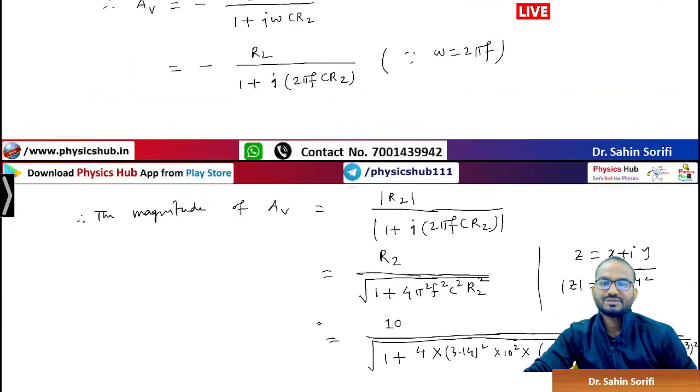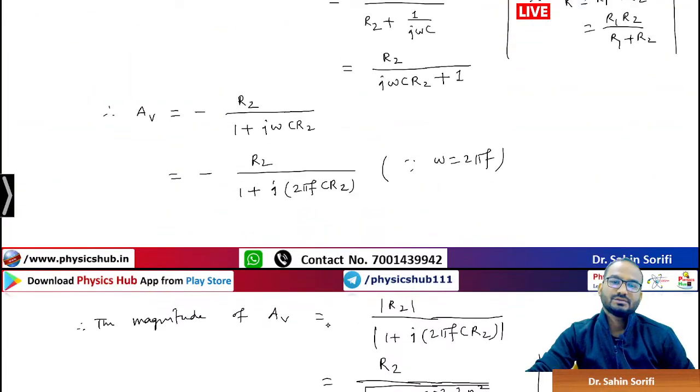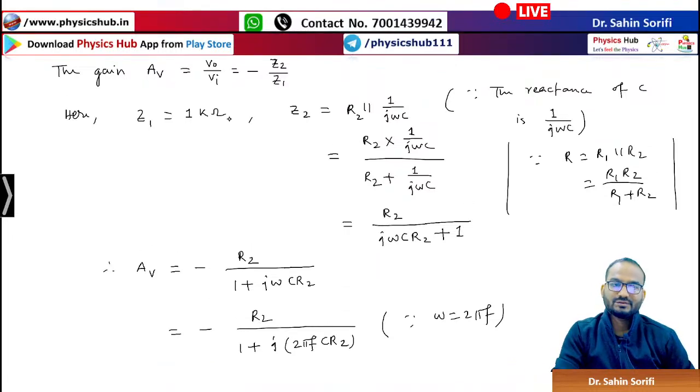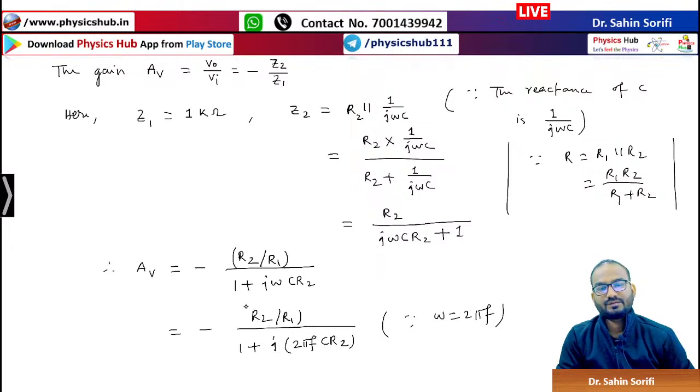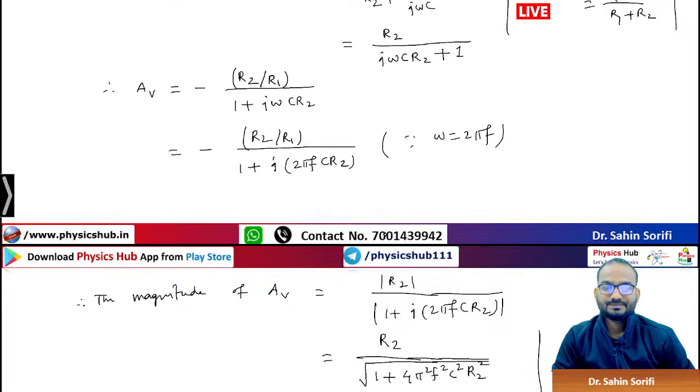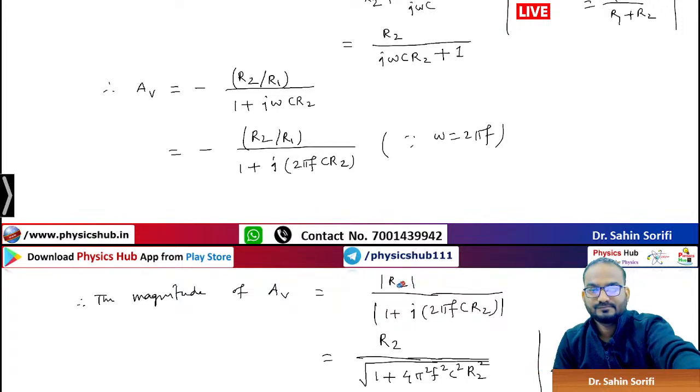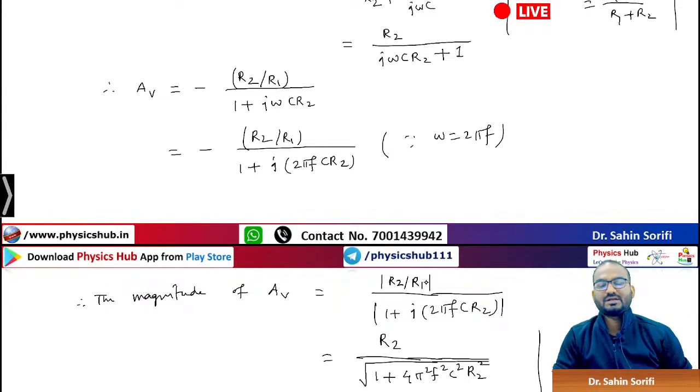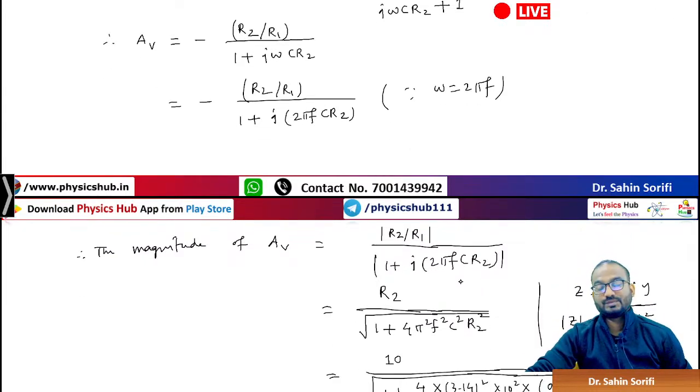Look, don't get confused here. R2 by R1 was there. So 1 kilo ohm, that kilo ohm. Okay, if it is making confusion, let's just give R1. You may think that once you are using 10 for R2, another time you are using 10 kilo ohm for R2.